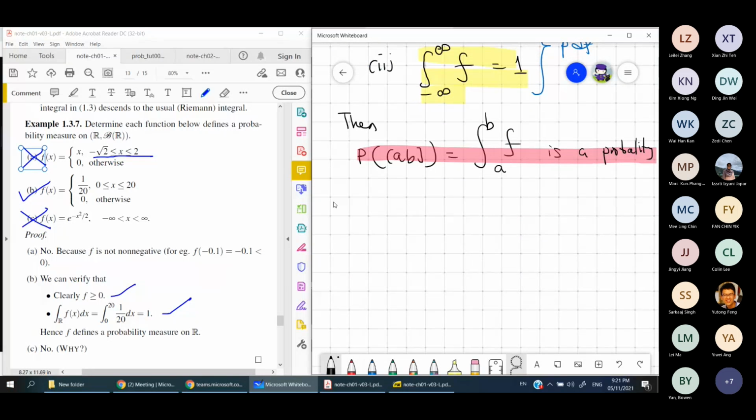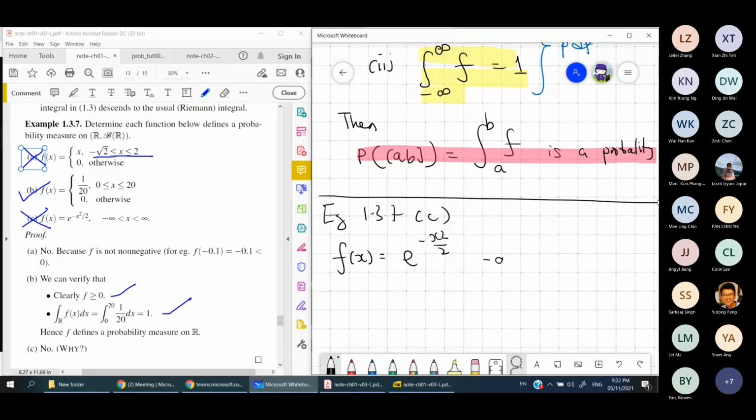So we can easily verify this. Is it scale normal? It looks like normal, but it's not normal. Please check.